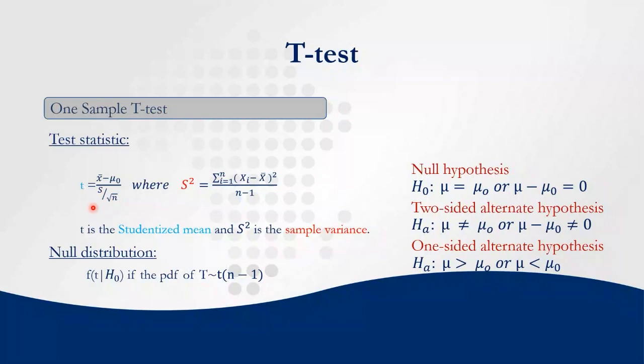So we tap into our theory about distributions. We will compute the test statistic, and we know from literature it's going to follow a t distribution with n-1 degrees of freedom. So you will pick it up here that we use the degrees of freedom, and we usually divide by them. When we compute the sample variance, we don't divide by n, but we divide by n-1, which is the degrees of freedom.